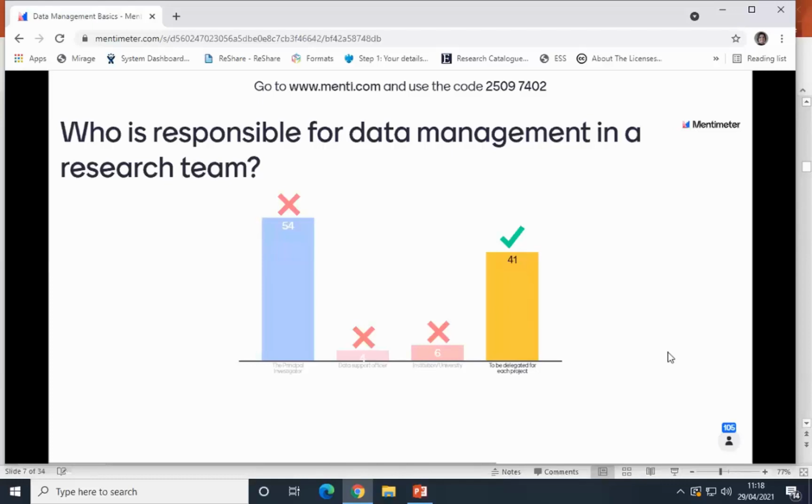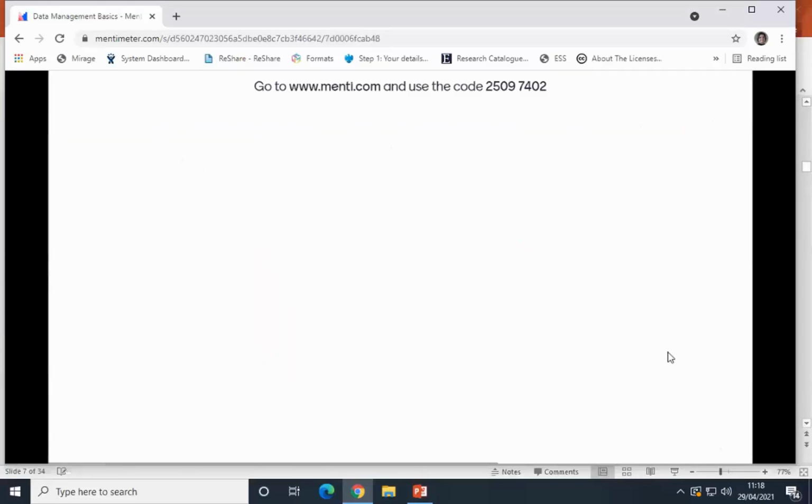So there should be someone responsible for data management and data sharing in that team. If there isn't anyone, and I see that is the second most popular answer here, if there isn't such a person who was delegated, then it is the responsibility of the principal investigator.